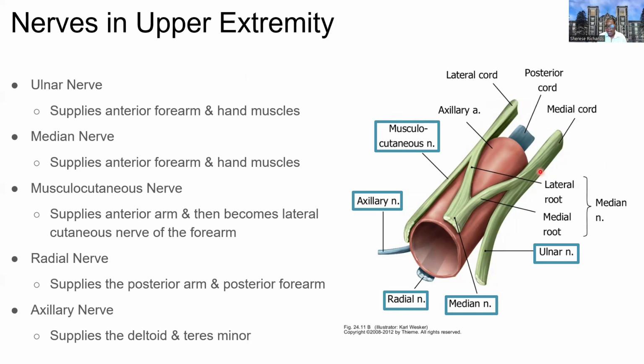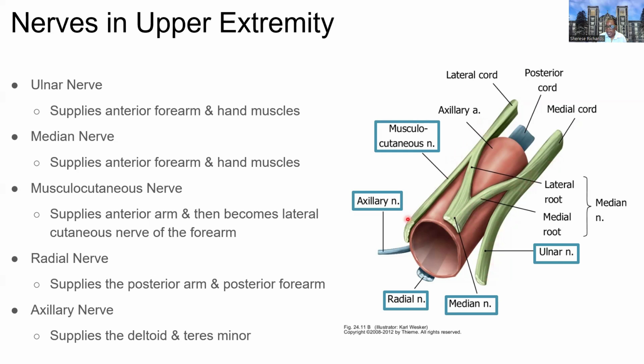So when you look at the M, the lateral side of the M is going to be the musculocutaneous. The middle of the M is actually going to be both parts helping to merge together to form the median in the middle. And then the medial side of the M is going to be the ulnar.